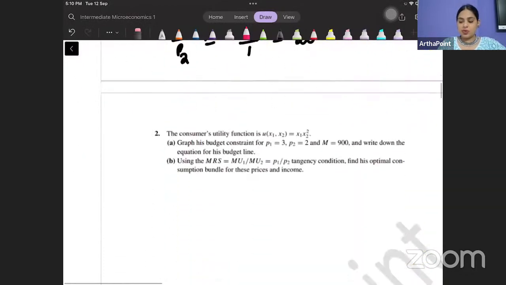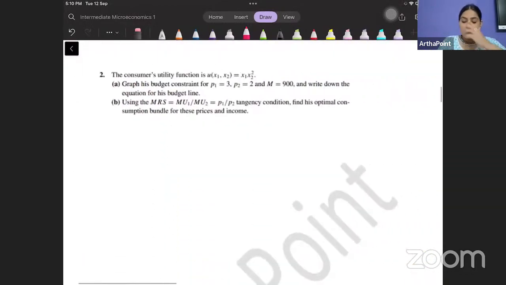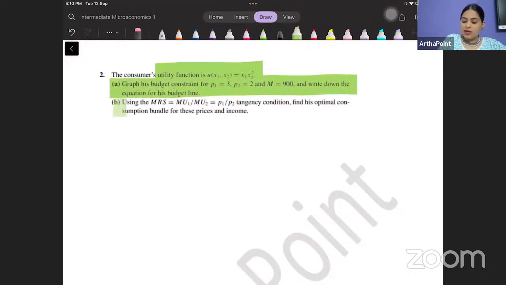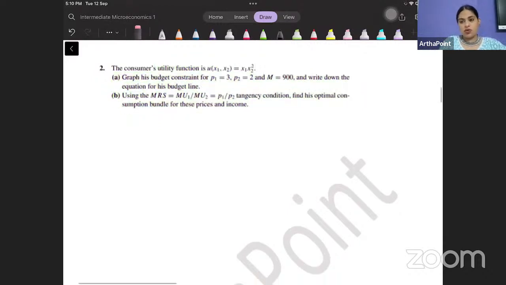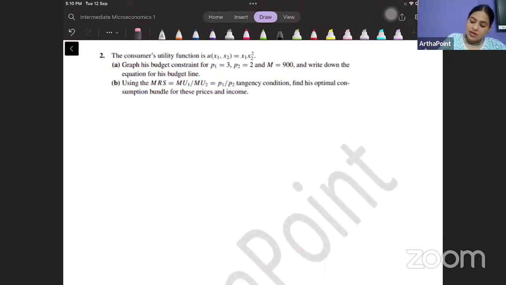Okay, beta. Come to the next question. Now, it says the consumer's utility function is given to you. Graph the budget constraint and use this condition and find his optimum. Here, beta, I want to focus on this question a bit.